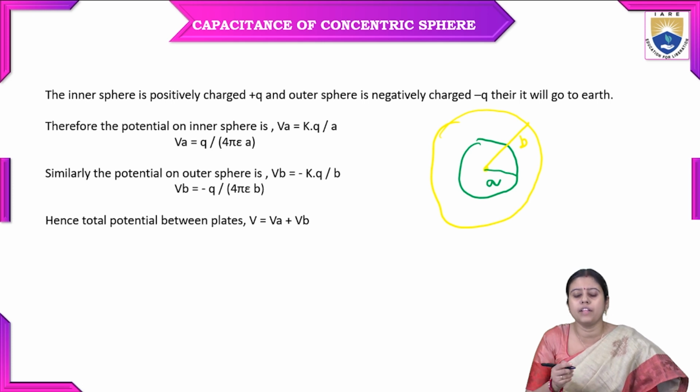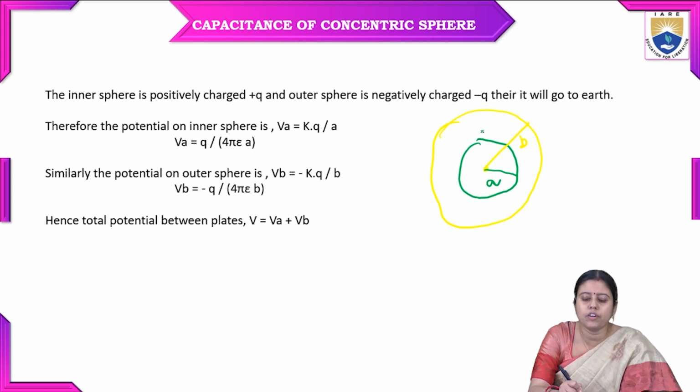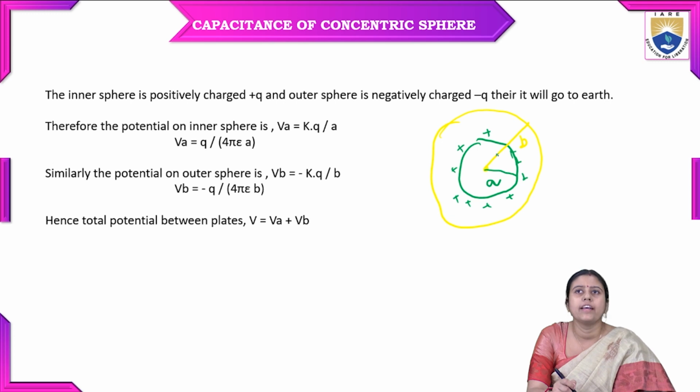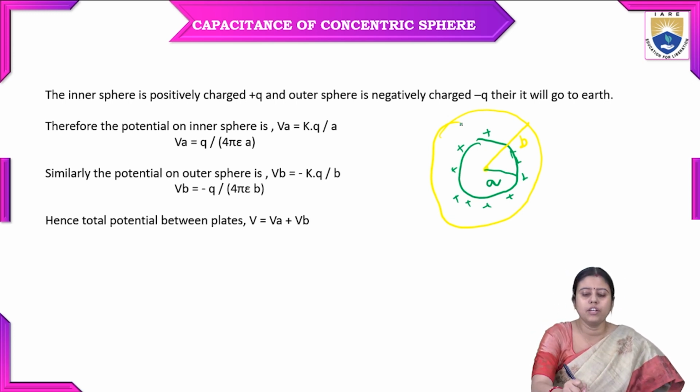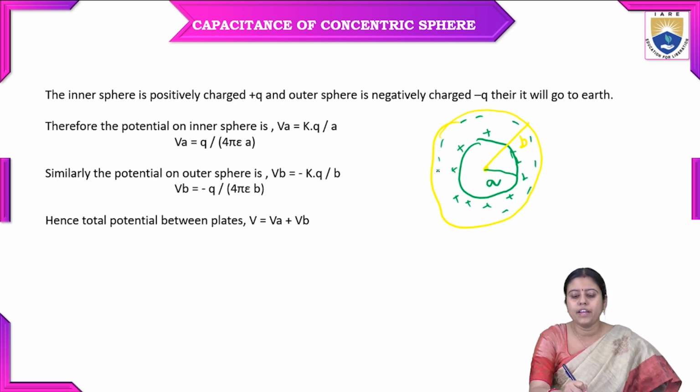If we give the charge to the inner sphere, what will happen? The positive charge will be accumulated on the outer surface of the inner sphere, and due to the inner sphere, the negative charge will be induced on the inner surface of the outer sphere.